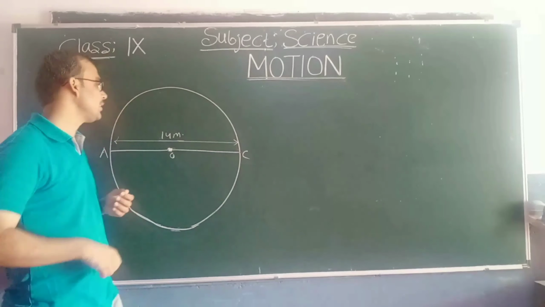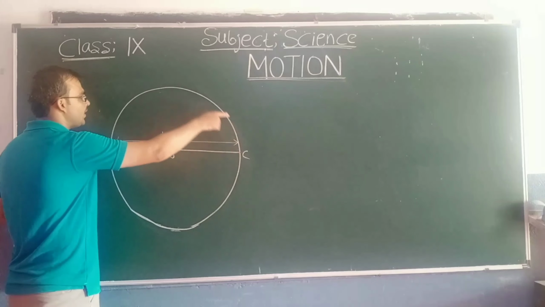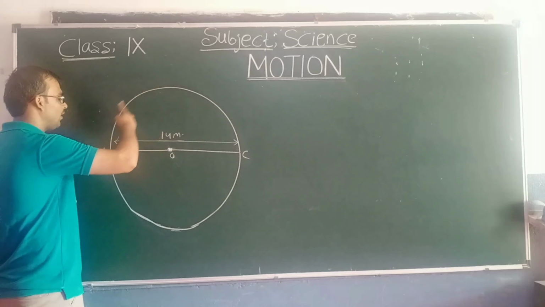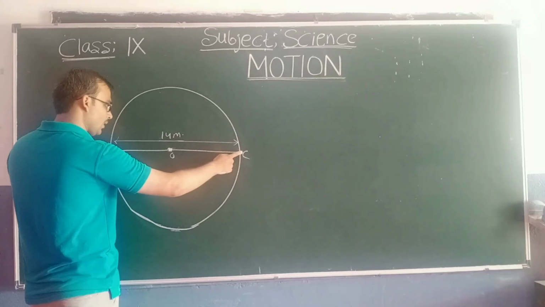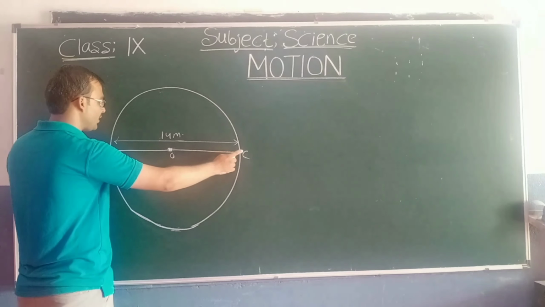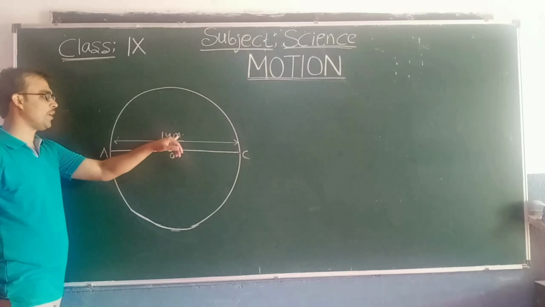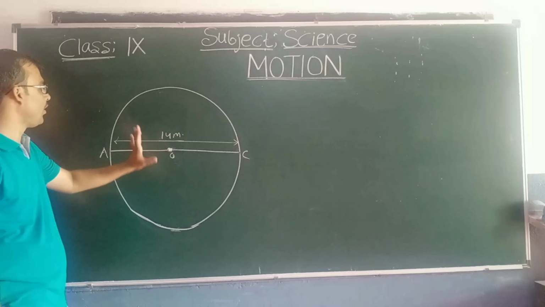So this is a circular path. The diameter of this circular path is 14 meter.